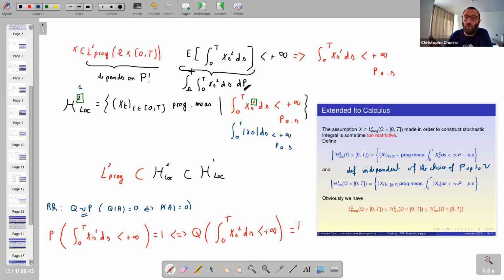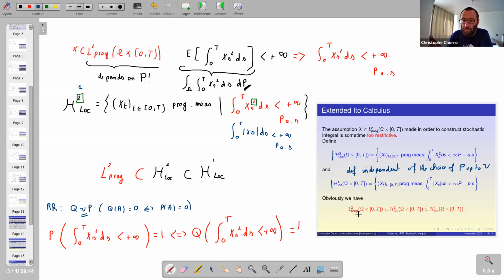Something that is not true for L2 prog, because in L2 prog my condition is not to be finite P almost surely, so it's not in relation with a set of probability 1 for P, but it's really an integral that has to be finite, an integral with respect to P. If I change P into another one, sometimes I can be integrable with respect to P and not integrable with respect to Q, even if Q and P are equivalent. So independent of P up to equivalence for H1 log and H2 log, dependent on P for L2 prog.